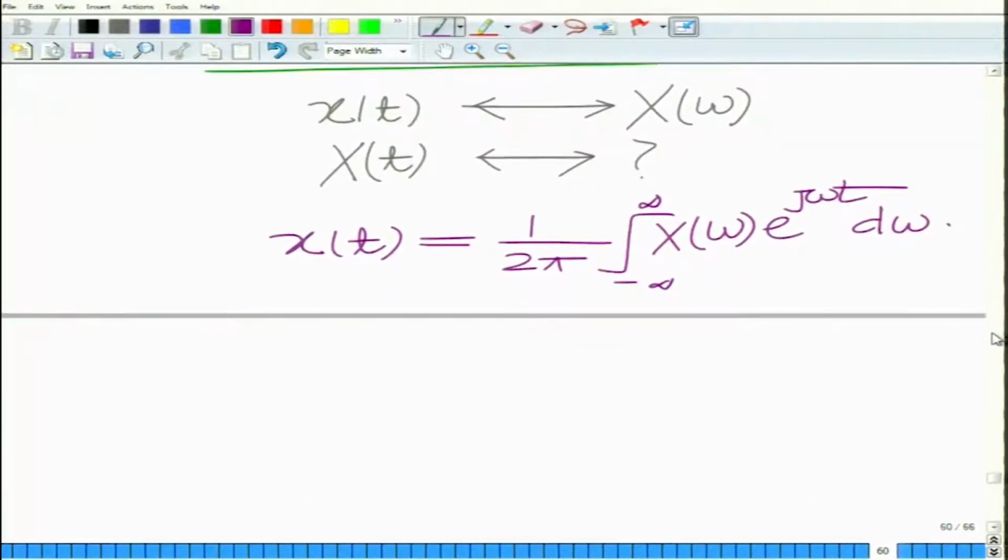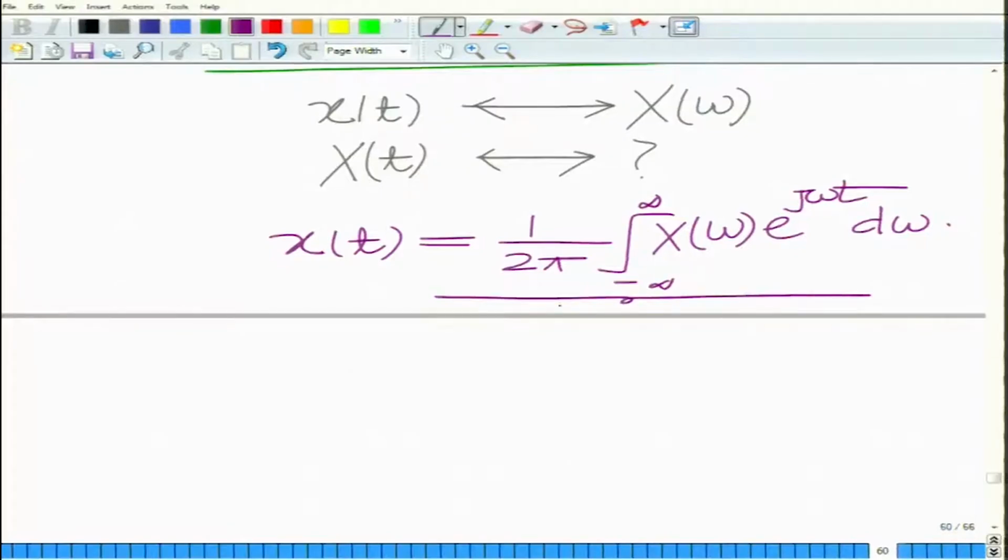Now, what I am going to do in this relation above, that is the inverse Fourier transform, I am going to interchange the roles of omega and t, that is replace omega by t and replace t by omega. Okay. So, remember, this is the inverse Fourier transform.